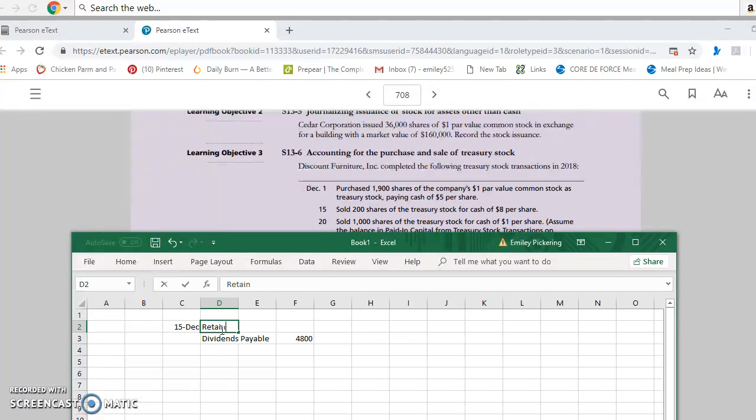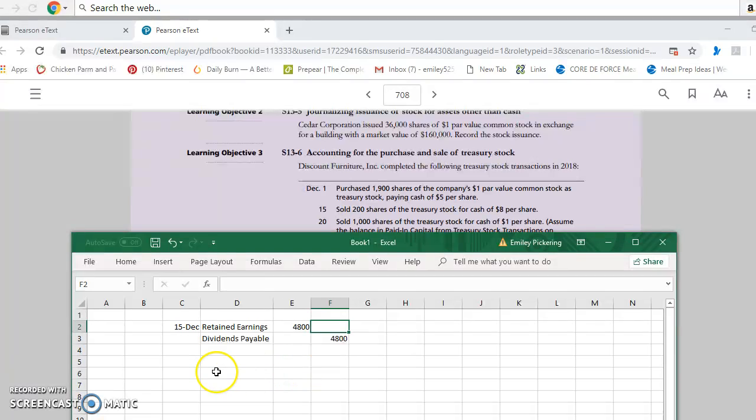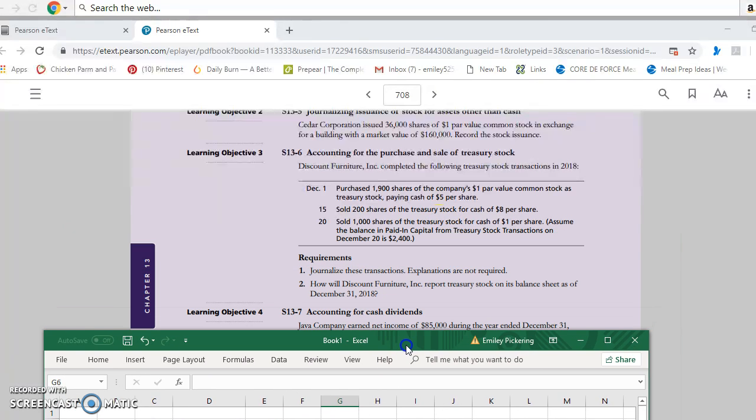And then I'm going to lower my retained earnings directly because it's not an expense to pay dividends. It just lowers your retained earnings. So then when I pay it on January 4th, I'm going to get rid of my dividends payable of $4,800, and I have cash going out the door of $4,800. So that's for my preferred stock.